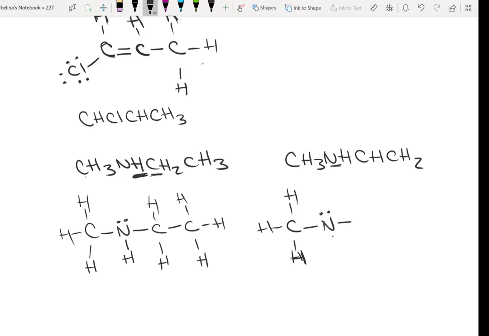Nitrogen, 3 bonds and a lone pair. 1 bond to a hydrogen, and then 1 bond to this carbon. That carbon only has 1 hydrogen on it, so right now it just has 2 bonds. So I know it needs to be double bonded to the following carbon. There's no other way for it to obtain an octet. And then the terminal carbon there has 2 hydrogens.